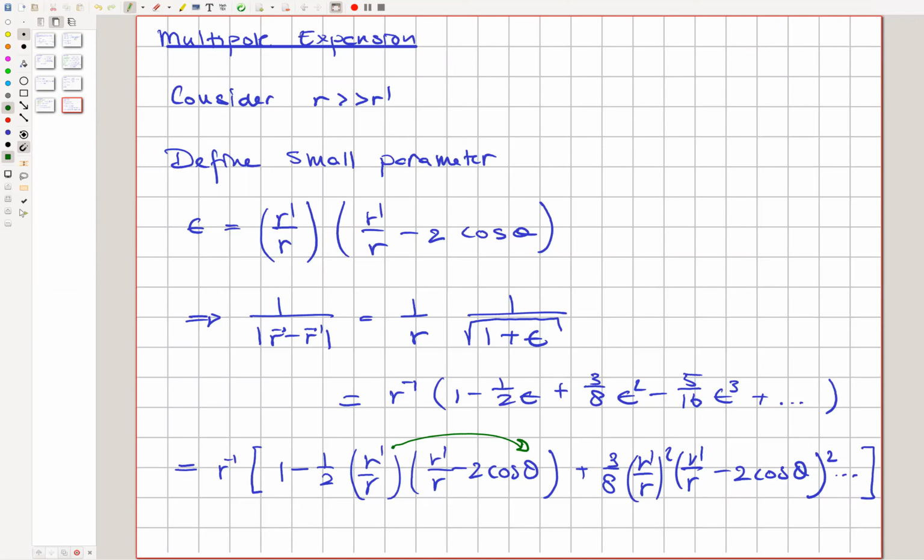One contributed by the second term of the expansion, r prime divided by r times the one itself in the right bracket. And another one is from the factor r prime minus r squared multiplied by 4 times cosine squared. Very good.